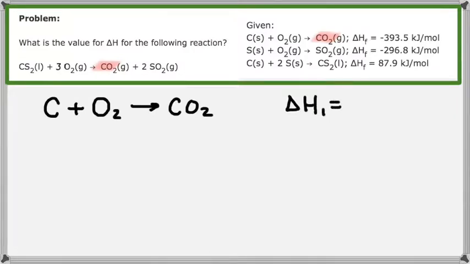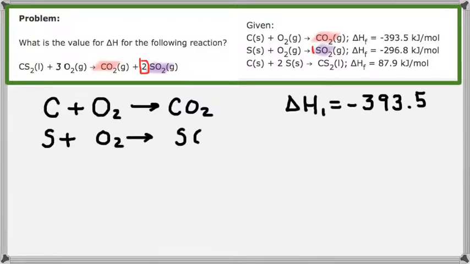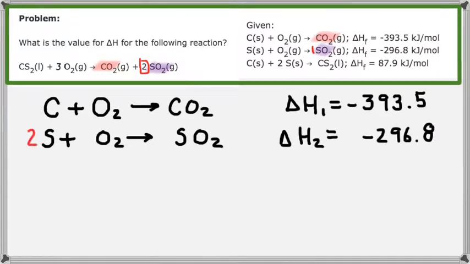So I'm going to leave that one entirely alone and leave the enthalpy value just the way it is. In the second one, we have sulfur dioxide in the correct spot, but in our reaction we need two of those. So I'm going to multiply the reaction given times 2.